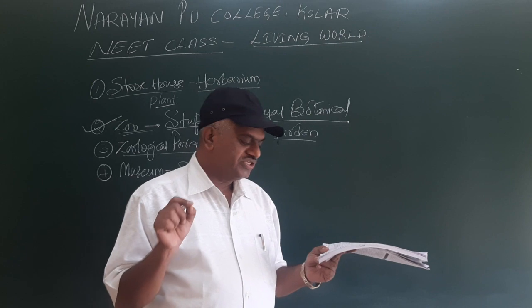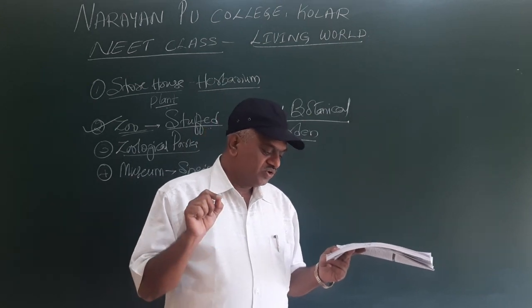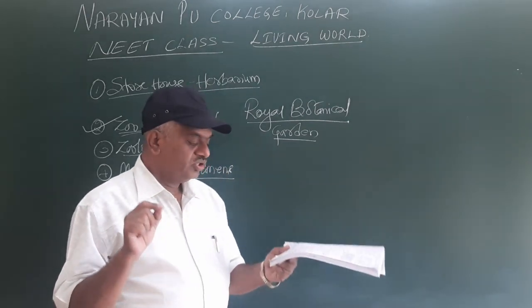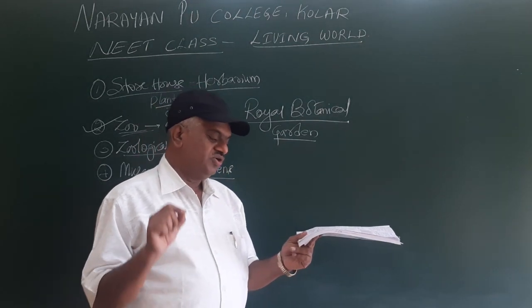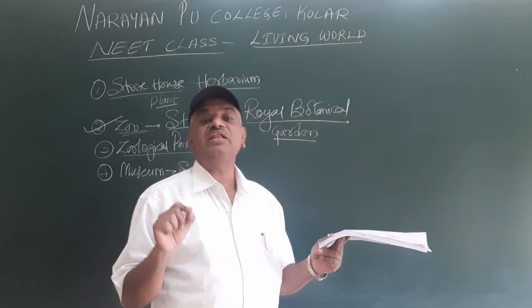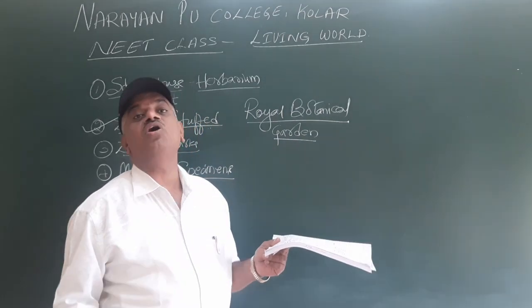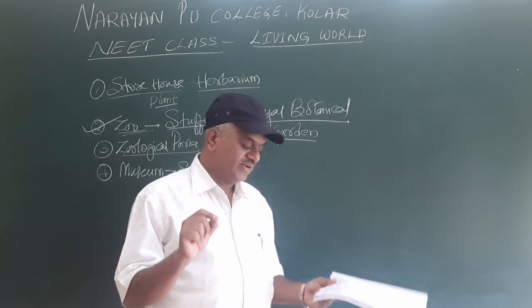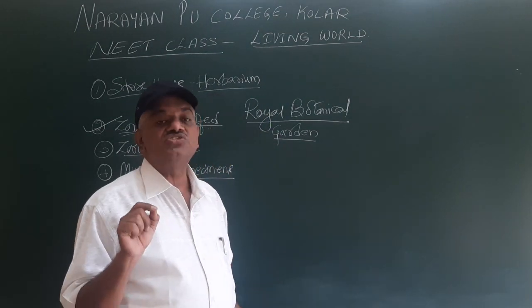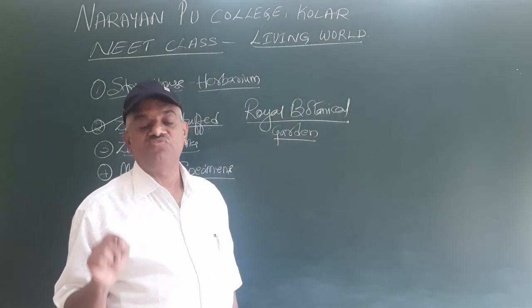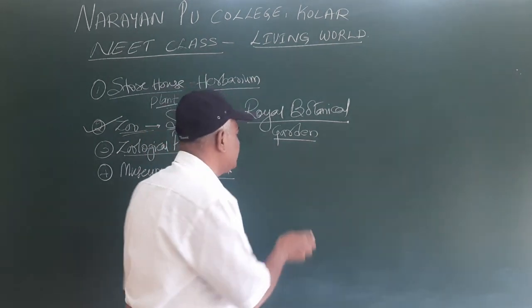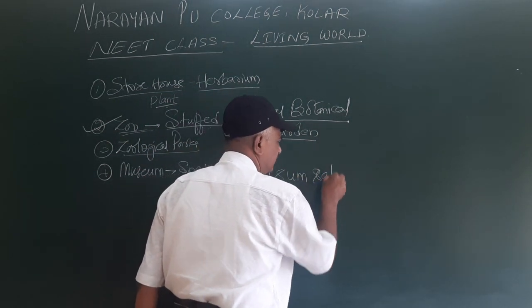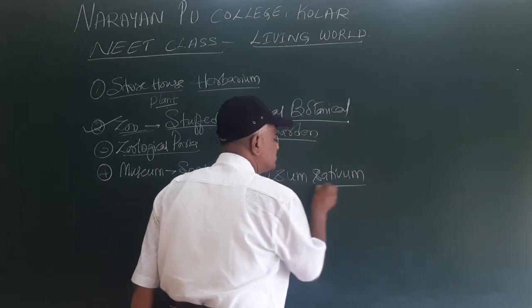Next, the scientific names favoring multiple naming. So this is the wrong answer because each scientific name has only one name itself. It is not multiple names. For example, Pisum sativum.